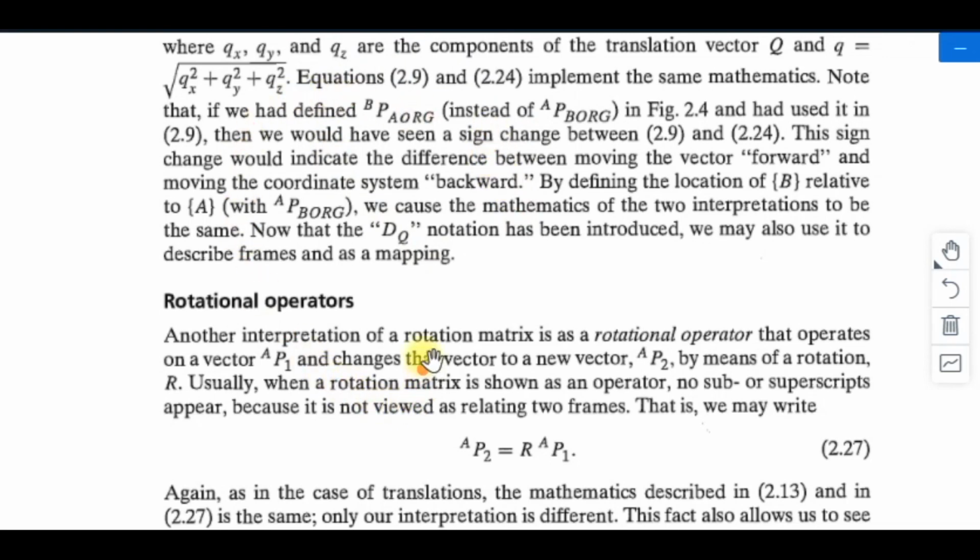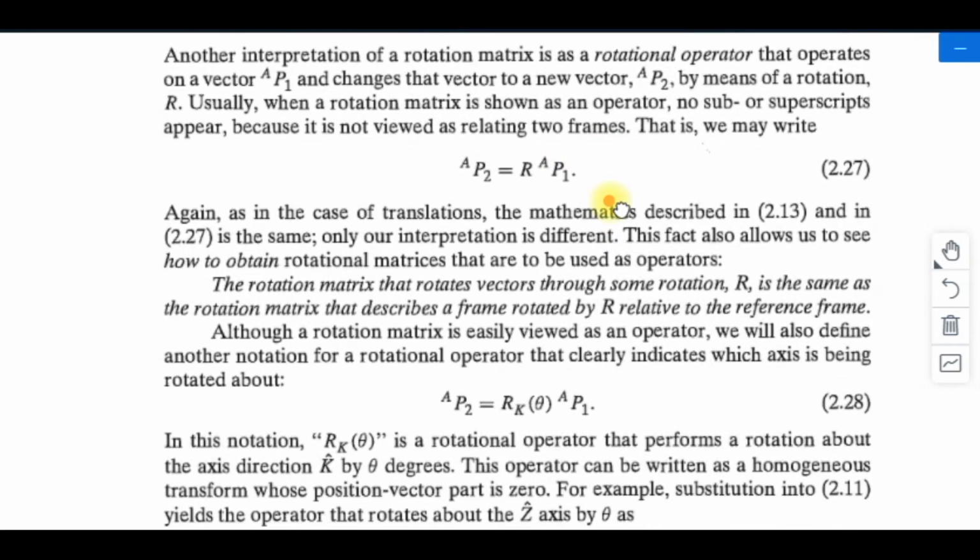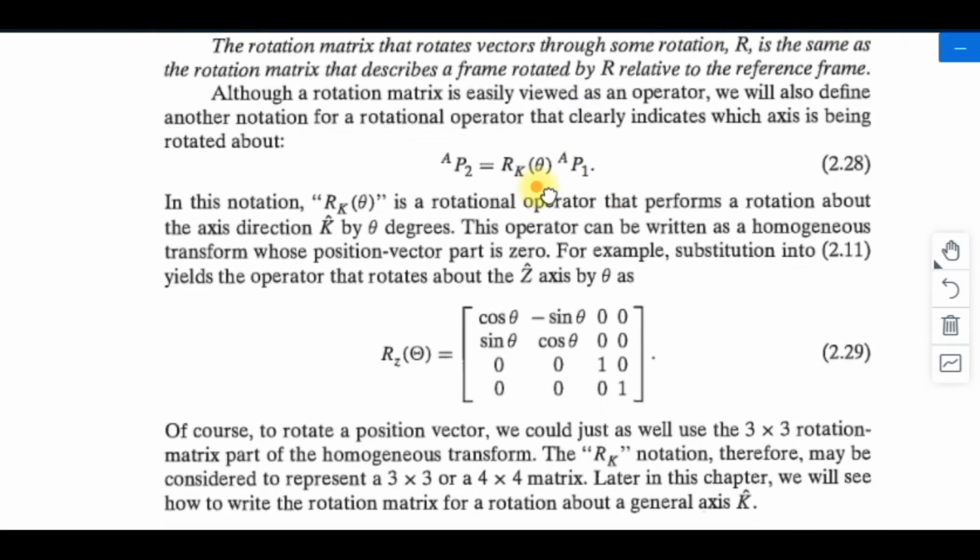Now another operation is the rotational operator, which is also over. The rotational operator, you already know about it, rotates about the z axis. This is the rotation value, and look, this is for x, this is for y, and this is for z.